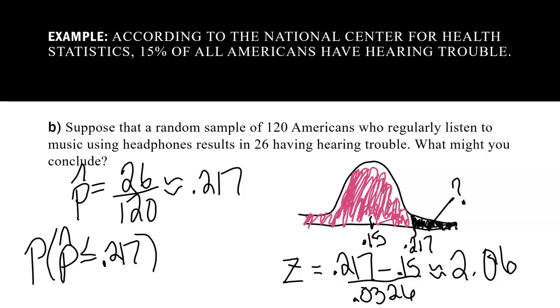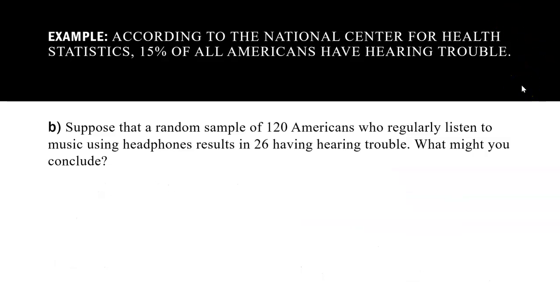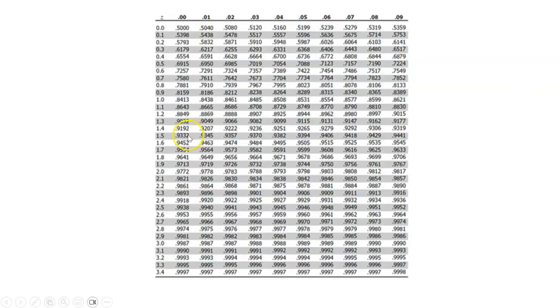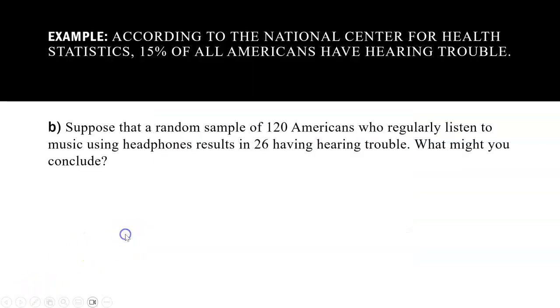So now let's jump to the chart. 2.06 is our z-value, and we want to know the black area, not the pink area, but the chart is going to give us the pink area. So let's go to 2.0, and then if I go to 2.06, it's right here, 0.9803, all right? 0.9803 is the probability that it gives us.